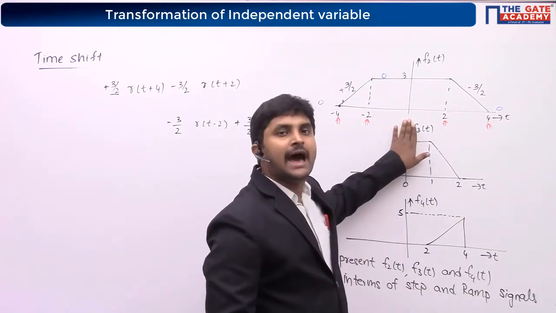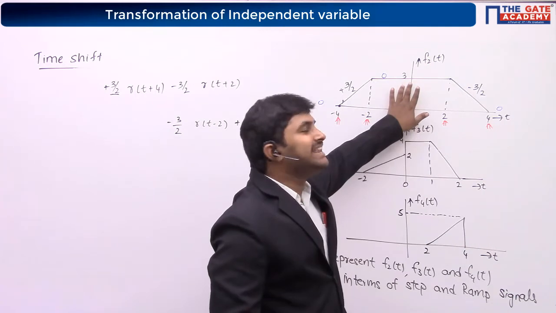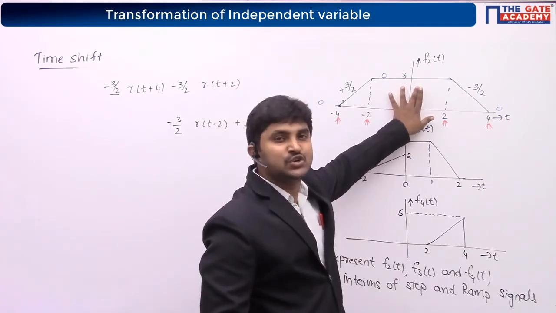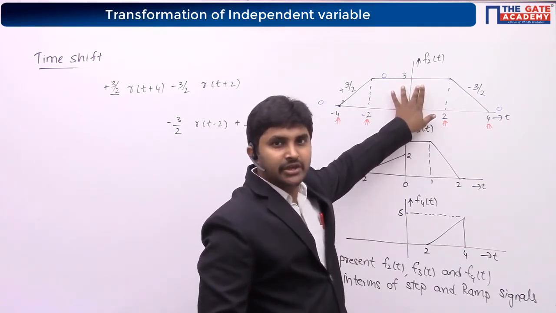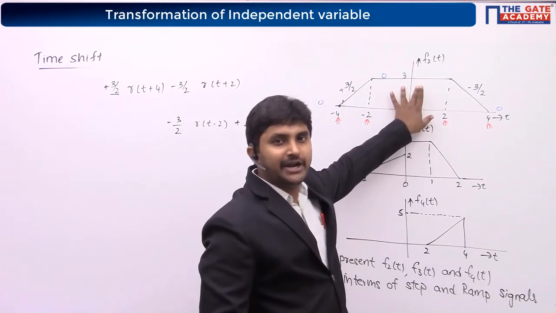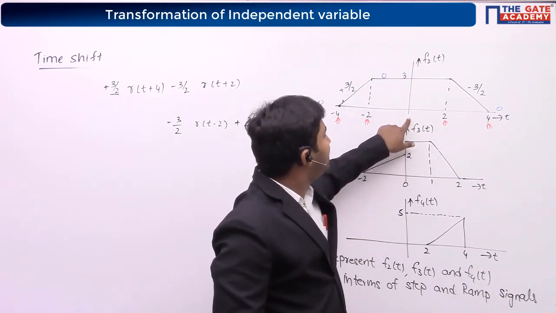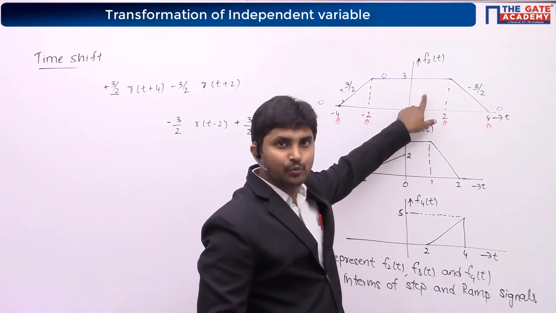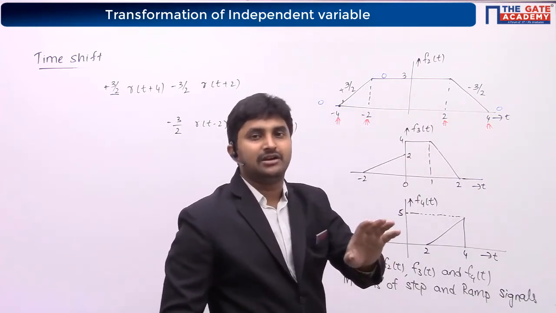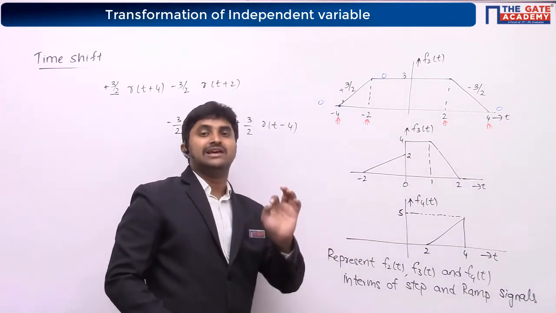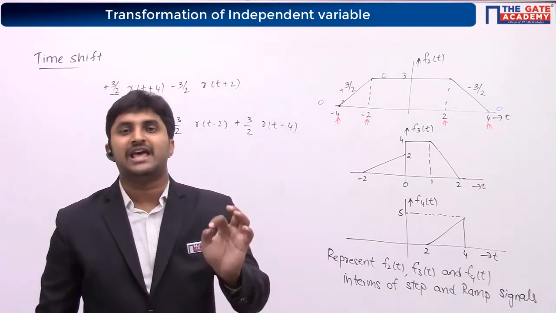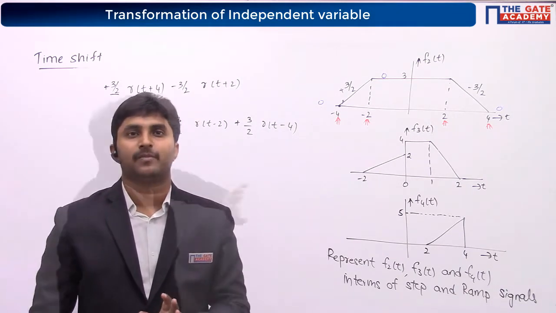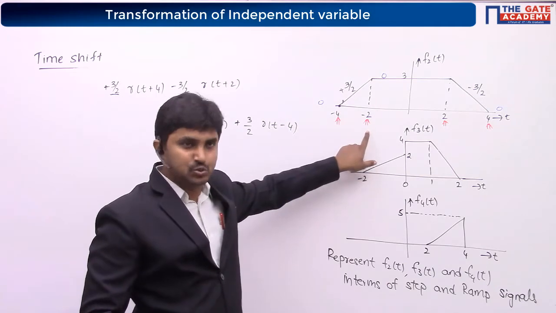We don't consider r of t because you don't see any change in the value of slope happening at t is equal to 0. We will consider r of t only when there is a change in slope that is happening at t is equal to 0.